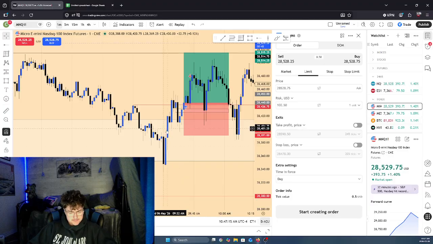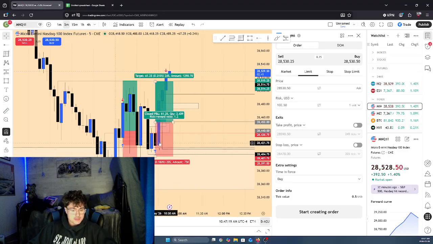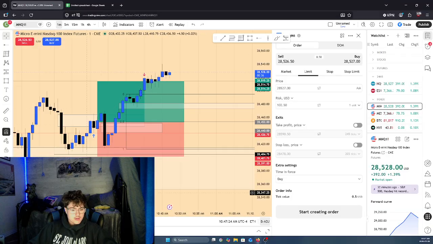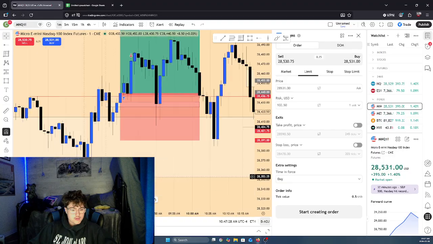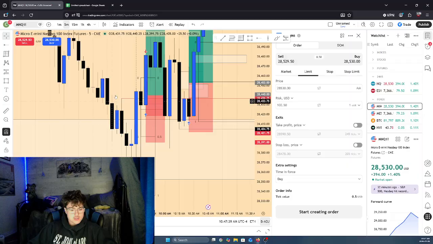Swept lows, perfect. Now we want to see a 5-minute break of structure to the upside, which we do see on this candle closure. We come down and we fill equilibrium, I believe, on this one. Yeah, that's equilibrium on the 5-minute, not the 1-minute, just to show you guys.